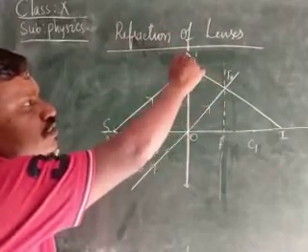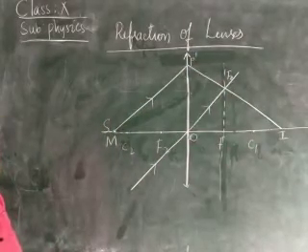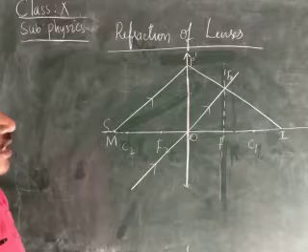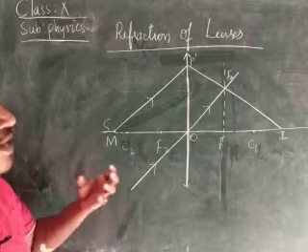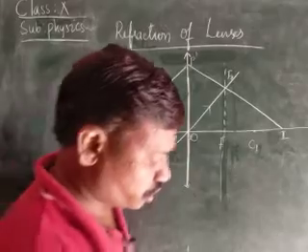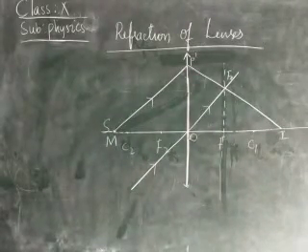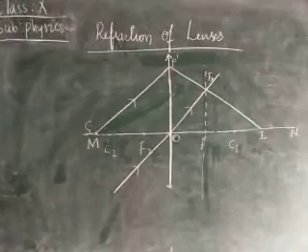From that point, draw a line which touches the principal axis. That is how we get the image of the object when a point source is placed on the principal axis.